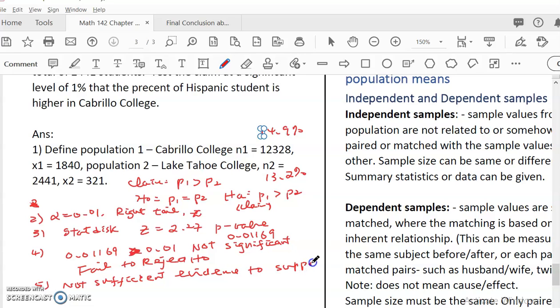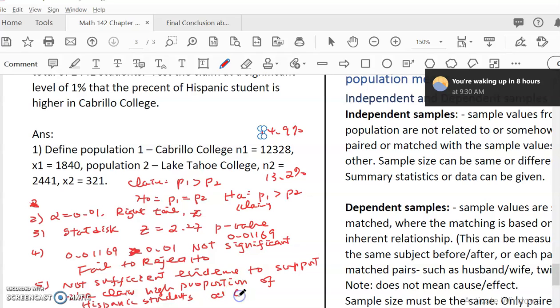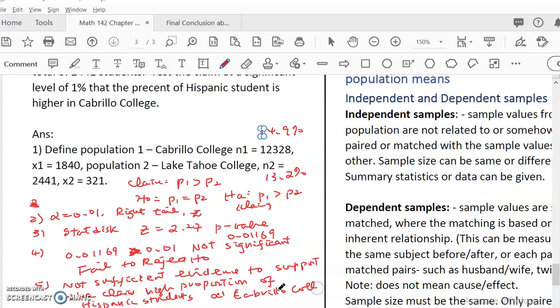We cannot support the claim that it is a higher proportion of Hispanic students at Cabrillo College. So they are very borderline, but still the same.